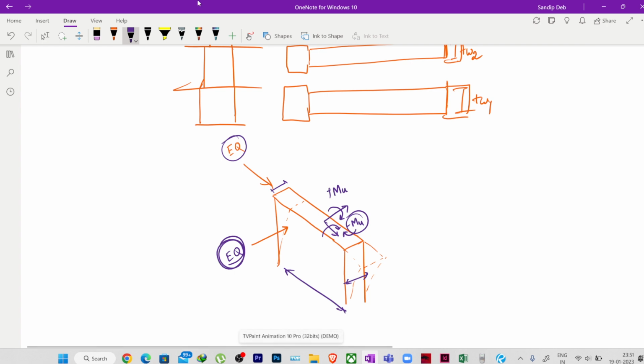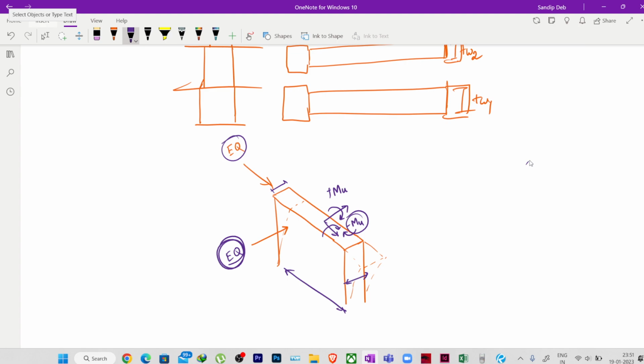We will see all these design aspects later. Mainly shear walls are designed for in-plane bending only, or you can say to provide resistance along the longer direction, not in the shorter direction. These things we will discuss later.